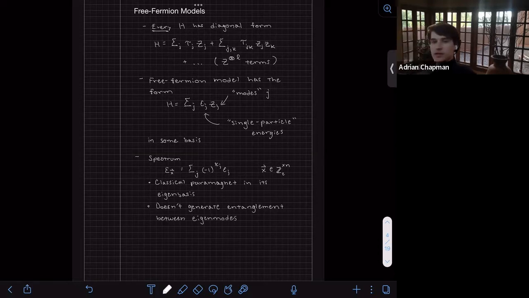So its eigenstates are in some sense product states in the eigenbasis of the Hamiltonian. And also, I need n single particle energies to reconstruct the entire spectrum. And that's a really nice compression.